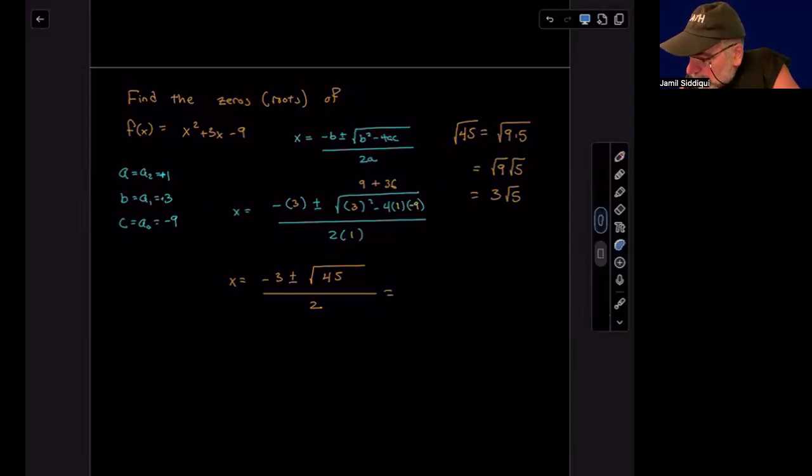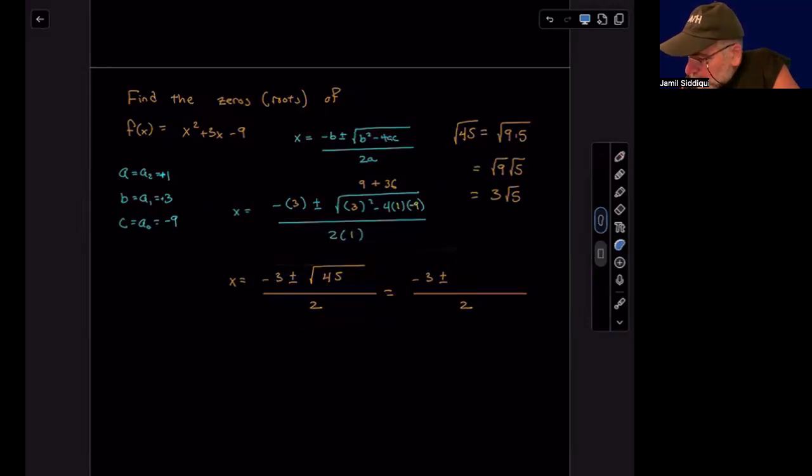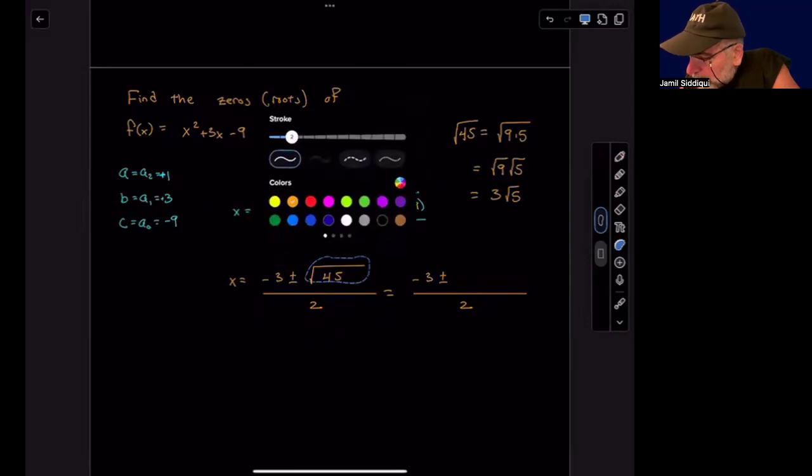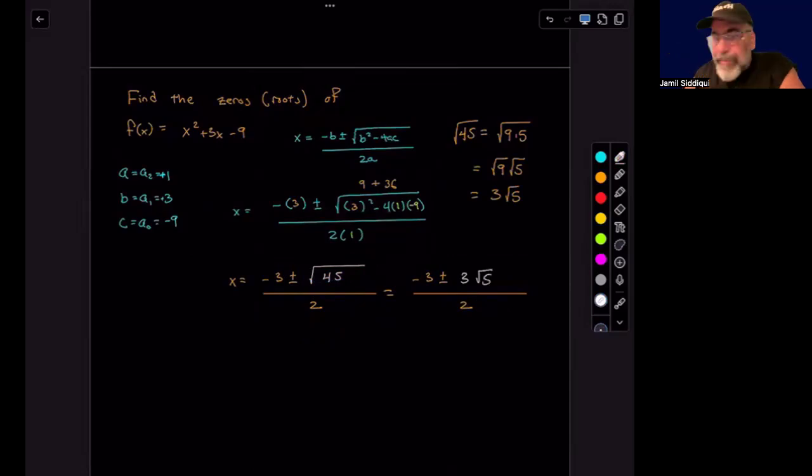Notice I'm not replacing anything else. Everybody else is staying exactly the same here. But the square root of 45, I can now rewrite that. And the way we can rewrite square root of 45 is 3 root 5. So from here, we get two separate answers. We're going to break this up because of the plus and the minus.